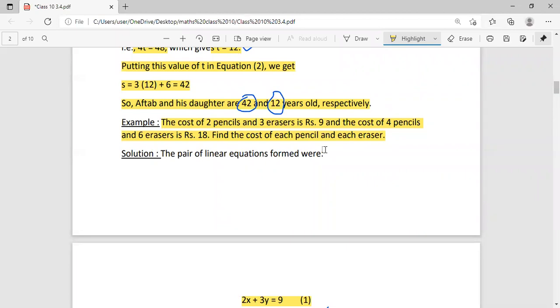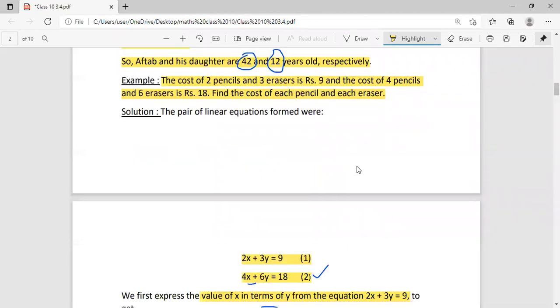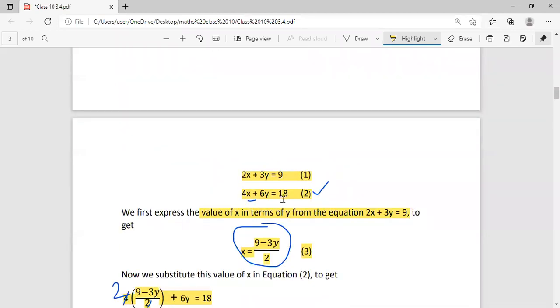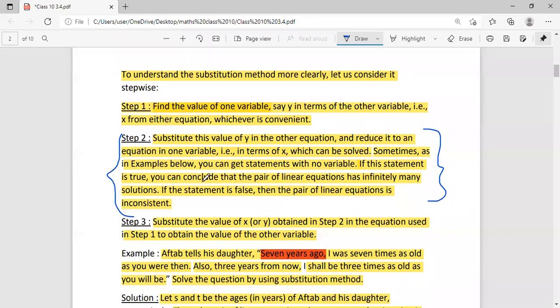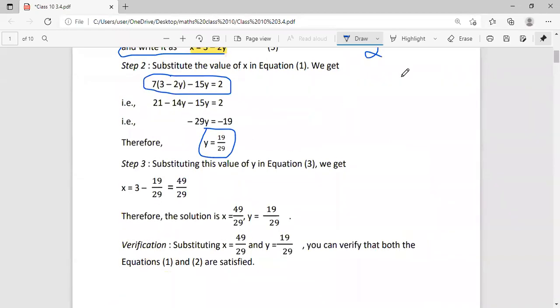Here we have written x in terms of y, and we are substituting that value of x in the second equation, and we either arrive at such a truth, and then we can conclude that it has infinitely many solutions, or sometimes we will get the value for x or value for y, and from that we can find the value of x and so on, like we had seen in the first example.